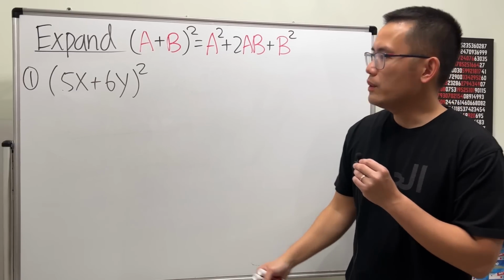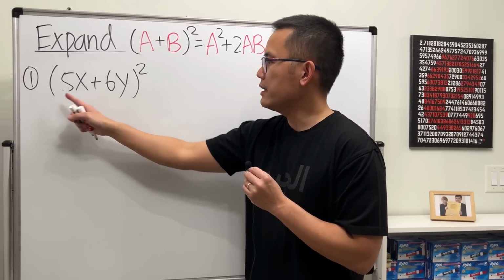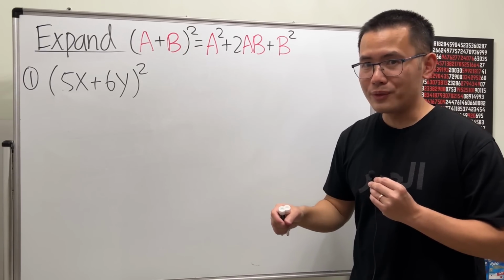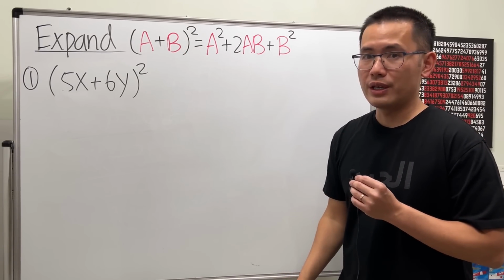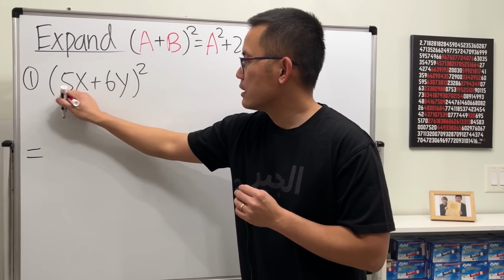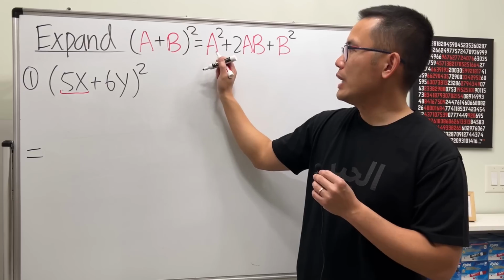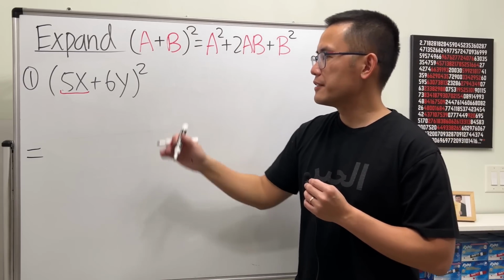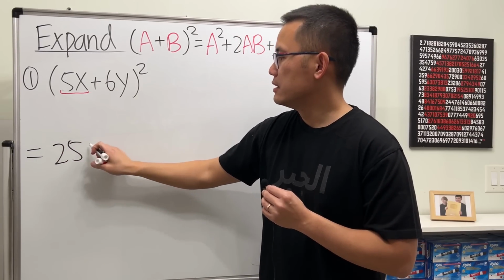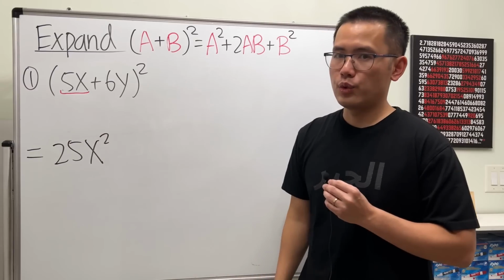Okay, for the first one, we have 5x plus 6y in the parentheses and then square. Well, of course, we'll use the first formula, and let me just work that out for you guys. Right here, we take the 5x to be our a, so we have to do a squared, and that's 5 squared being 25, and then x squared, so 25x squared.